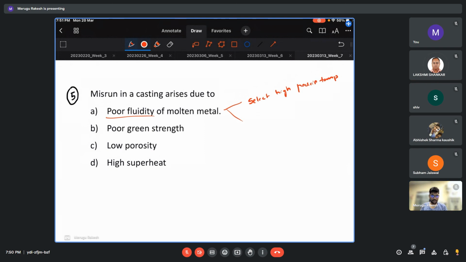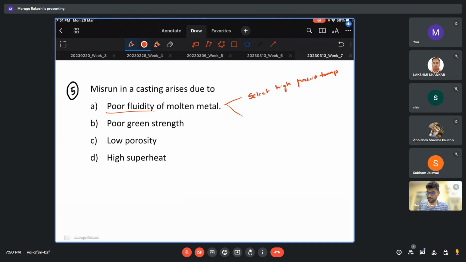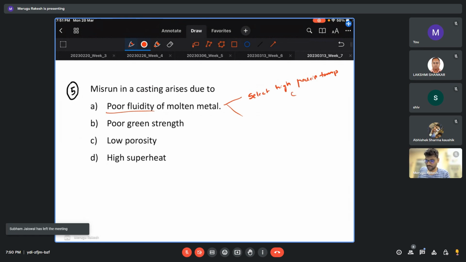Yes. So I am discussing this misrun in casting. One is you can select a high pouring temperature. At the same time, you should be aware of gas porosity. If you go to high temperature, there is a chance of gas solubility increasing in the molten metal. The other thing is low freezing range alloys.